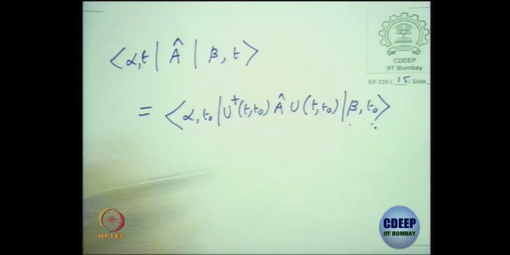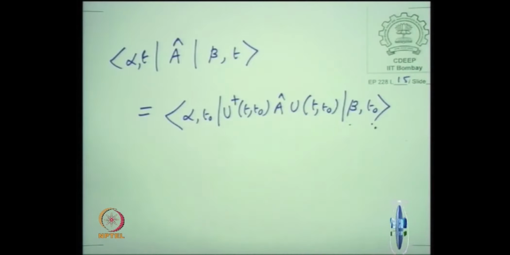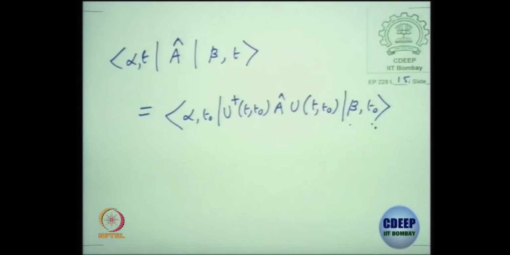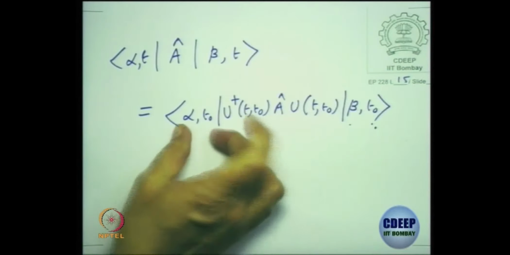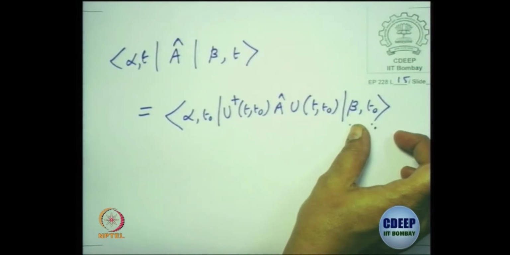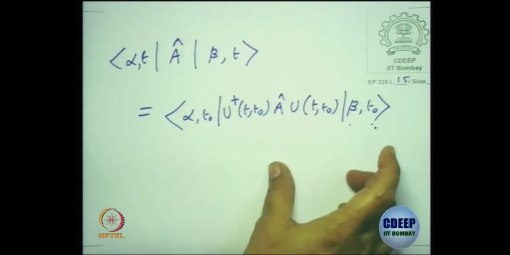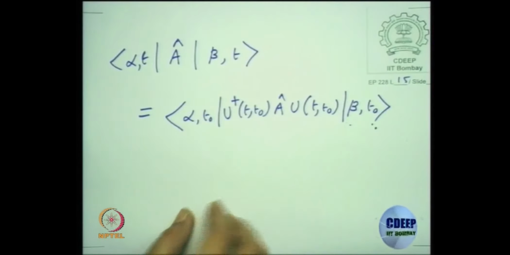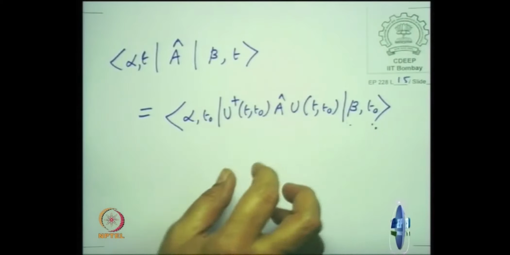This is what I was trying to say, that there are two viewpoints. One was the Schrodinger picture, which was this left hand side, which you have done many times. But can we try to freeze the states to be an initial state and put whatever is the modification on the operator?